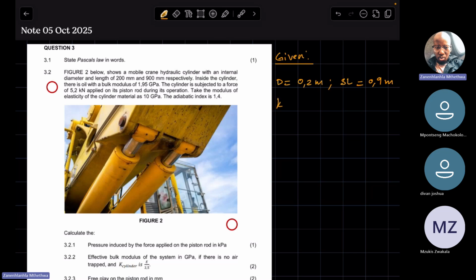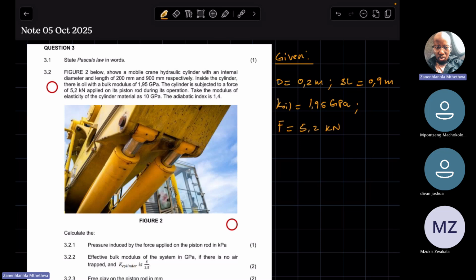So K of oil is 1.95 gigapascals. The cylinder is subjected to a force of 5.2, we can leave this in kilonewtons. We can convert it in our calculations.